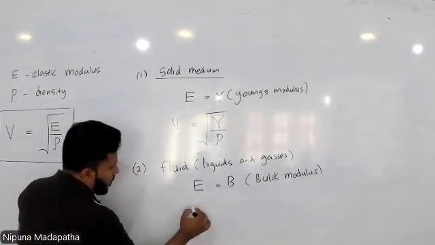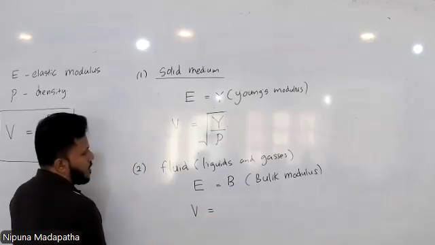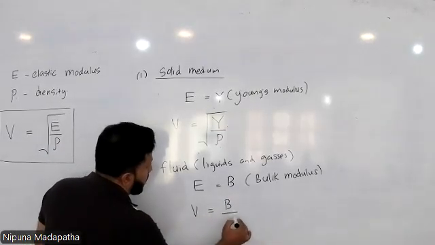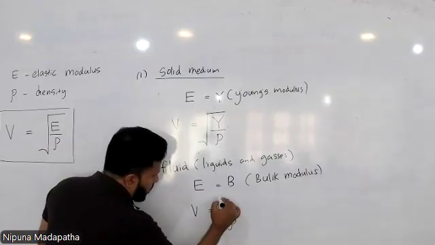So the speed of a longitudinal wave in a fluid medium is given by the square root of the bulk modulus divided by the density of the medium.